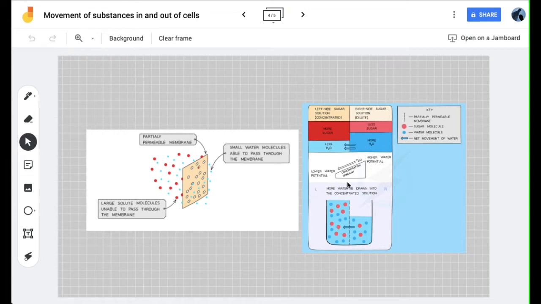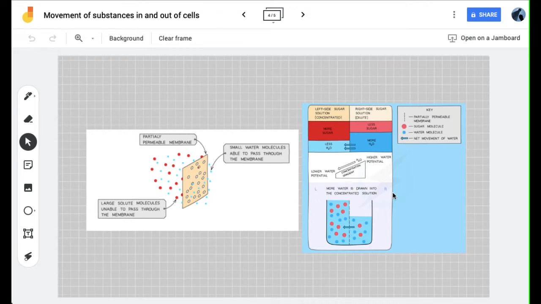You can see from here, the greater water potential, it will move down a concentration gradient going to the lower water potential. So the movement of water will be from a dilute solution going to a more concentrated area, passing through a partially permeable membrane.